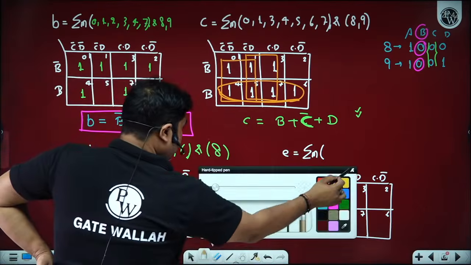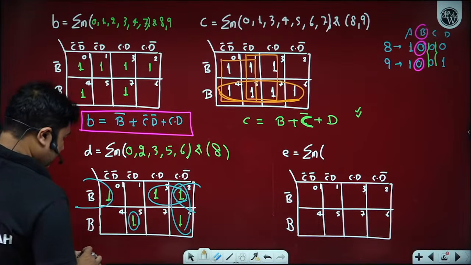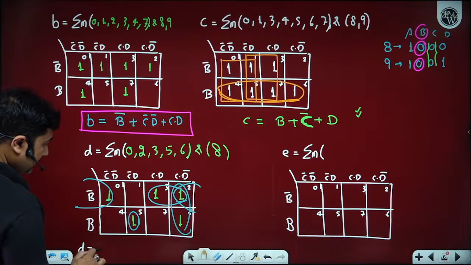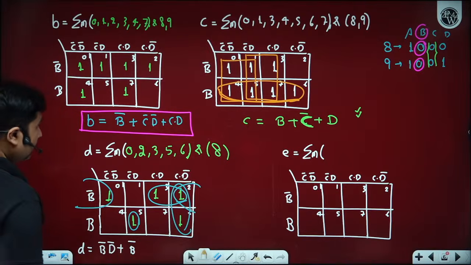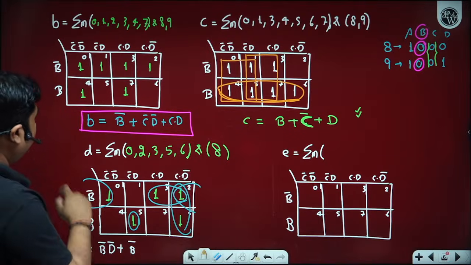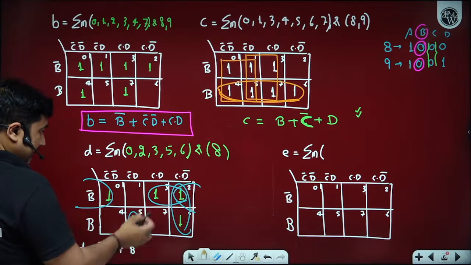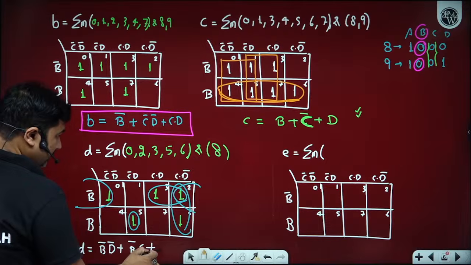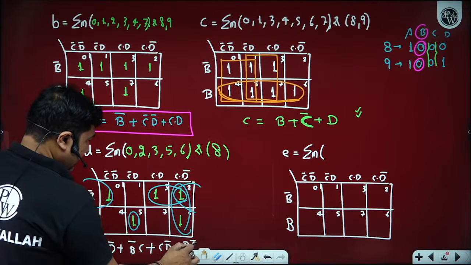So the logical expression for D will become, sir, B bar D bar plus B bar C plus CD bar plus BC bar D.